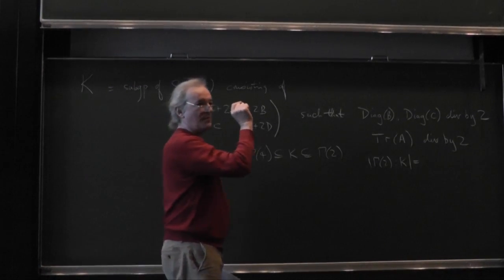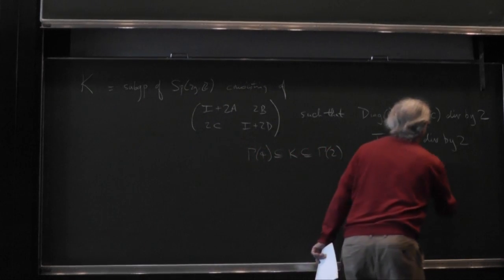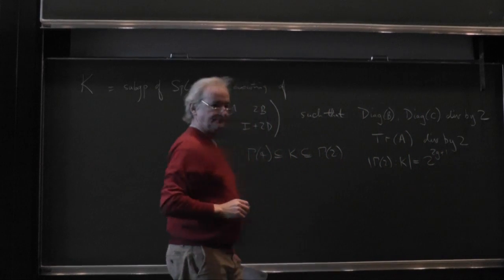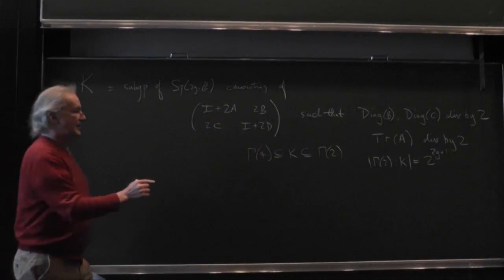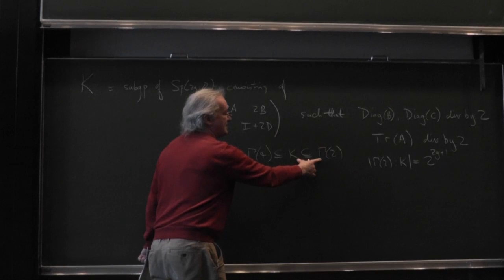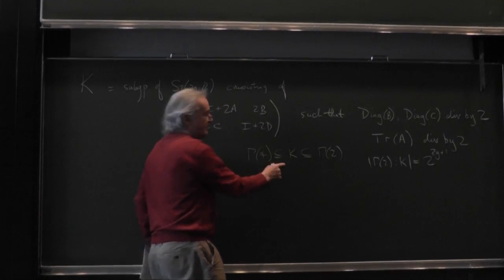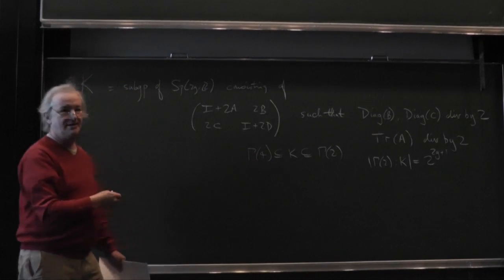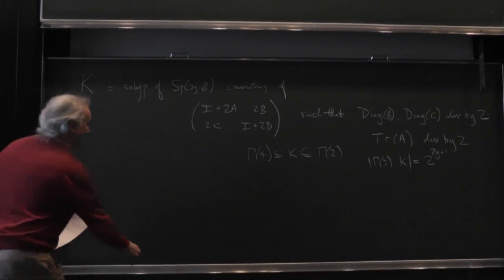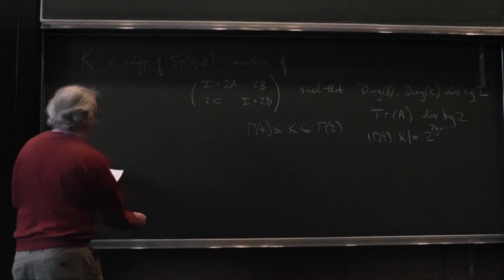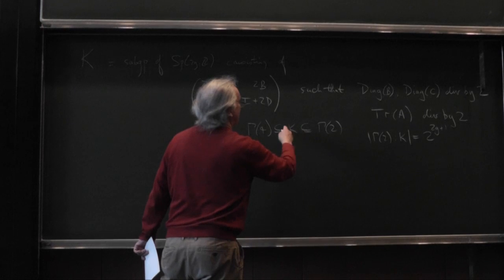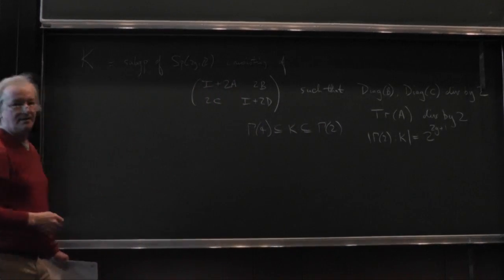So it's 2 to the 1 plus 2g. Okay? And notice that this index is much larger, because the index in Gamma(2) of Gamma(4) is quadratic in g. So I'm quotienting out most of Gamma(2) modulo Gamma(4), as it were.